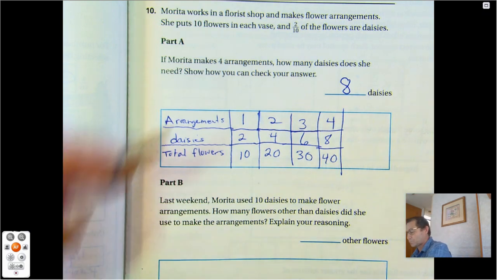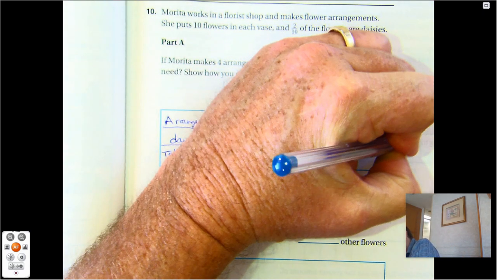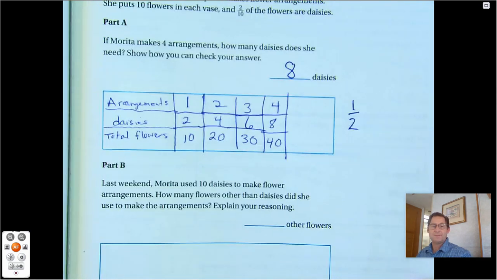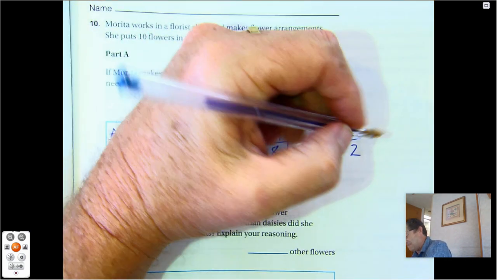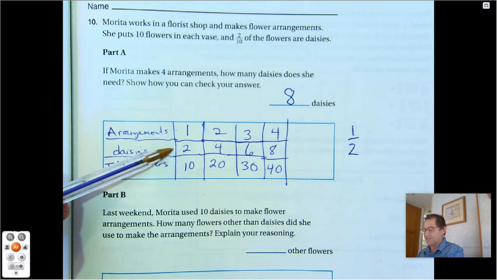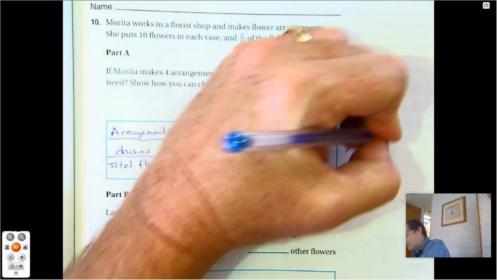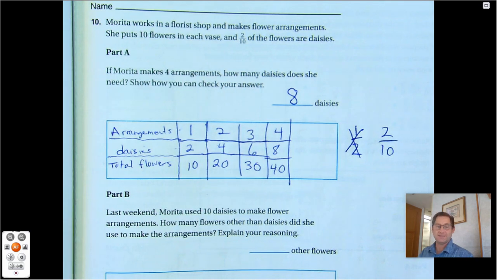Well, I can do this. 1/2. No, 1/2. I was just looking at the arrangements in the daisies and said 1/2. No, 2/10. That's how much was needed for 1.